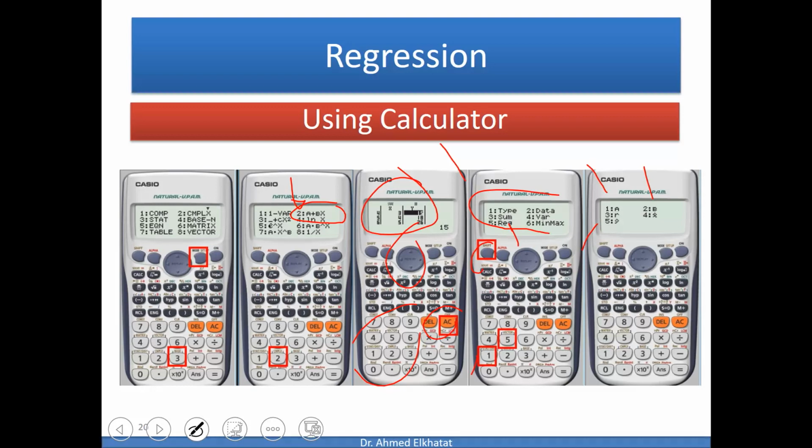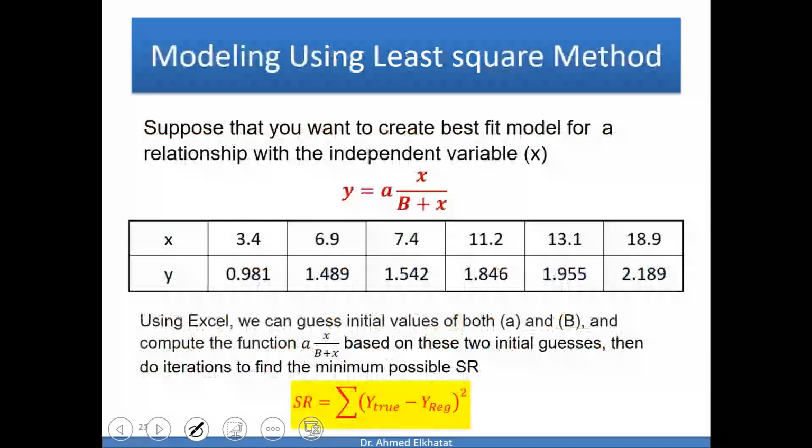You can't use Excel and you can't use a calculator to find the parameters A and B. So you have, for example, this equation, and you know from your theory or from your review that the relation between y and x is this equation, y = a times x over (b + x). So how can you produce or find the regression of A and B?